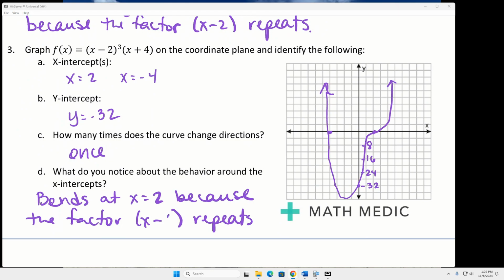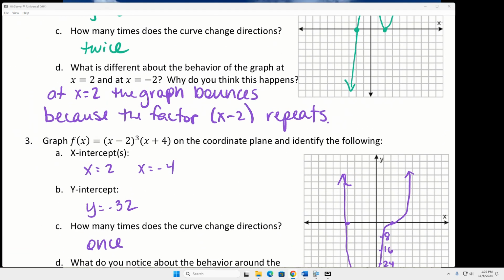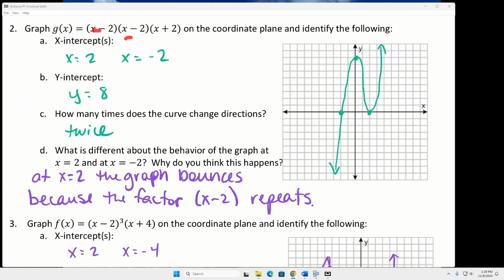So you can see that repetition two ways. It can be shown with an exponent, or you might actually see the factor 2 times or whatever. Now there is a difference between it repeating twice and 3 times. Whenever there is an even number of factors, that's when you get this bouncing effect.